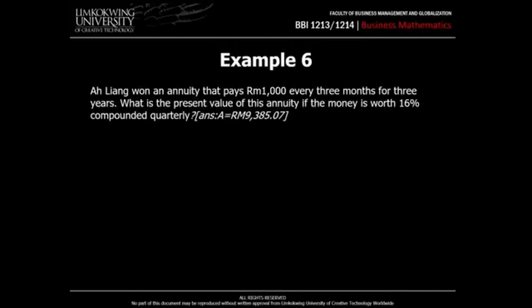Ah Liang won an annuity that pays RM 1,000 every 3 months for 3 years. What is the present value of this annuity if the money is worth 16% compounded quarterly?